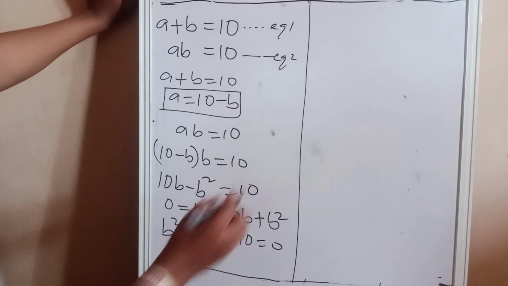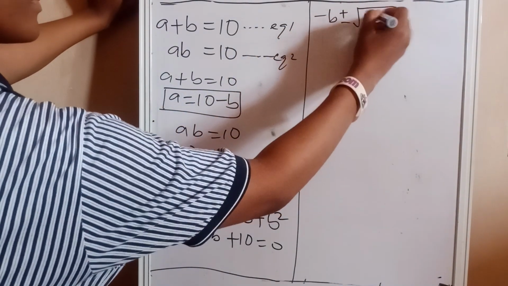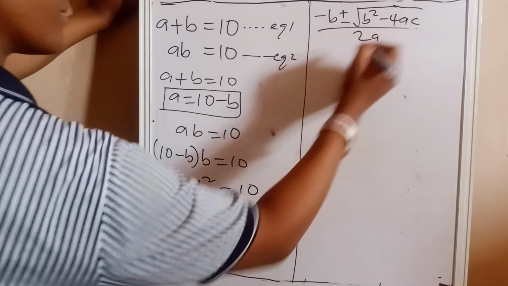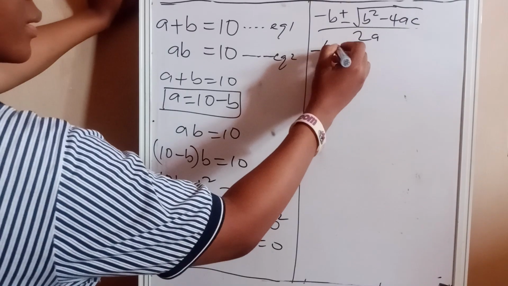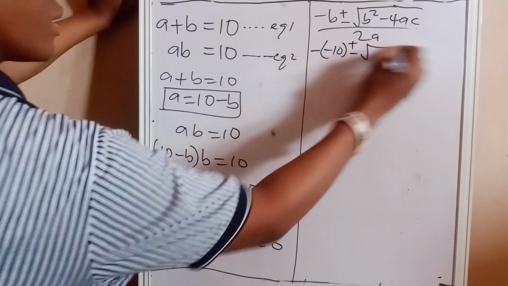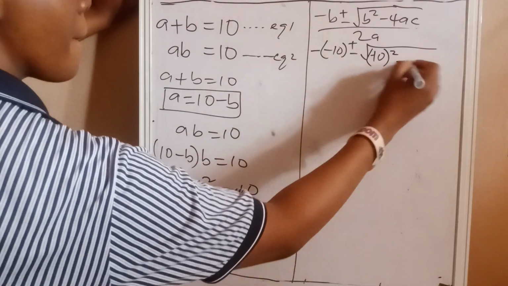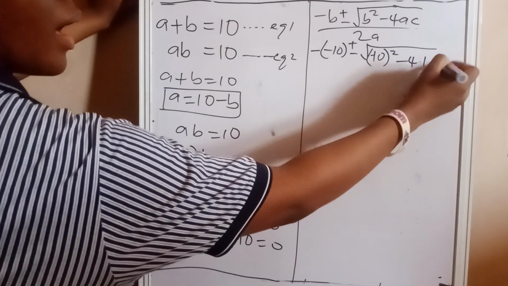I'll be using the formula method for this one. So our b is minus 10. Our c is 10.